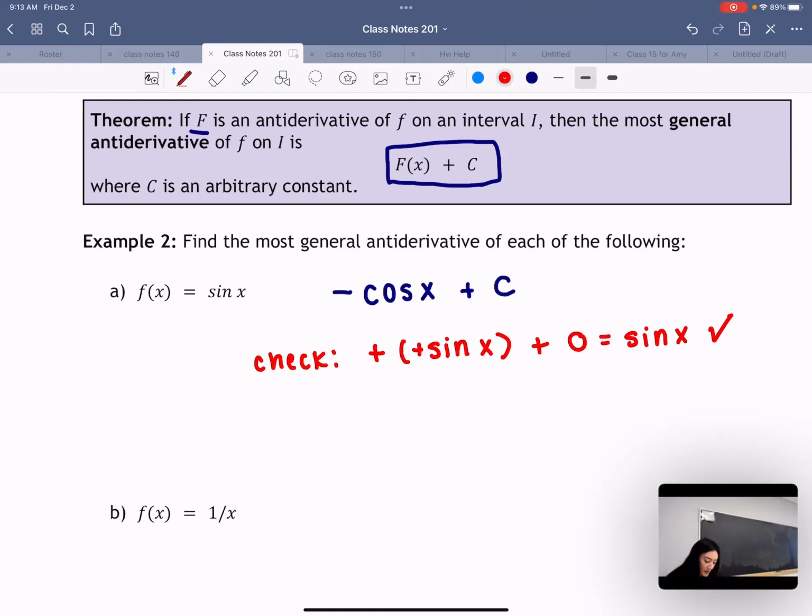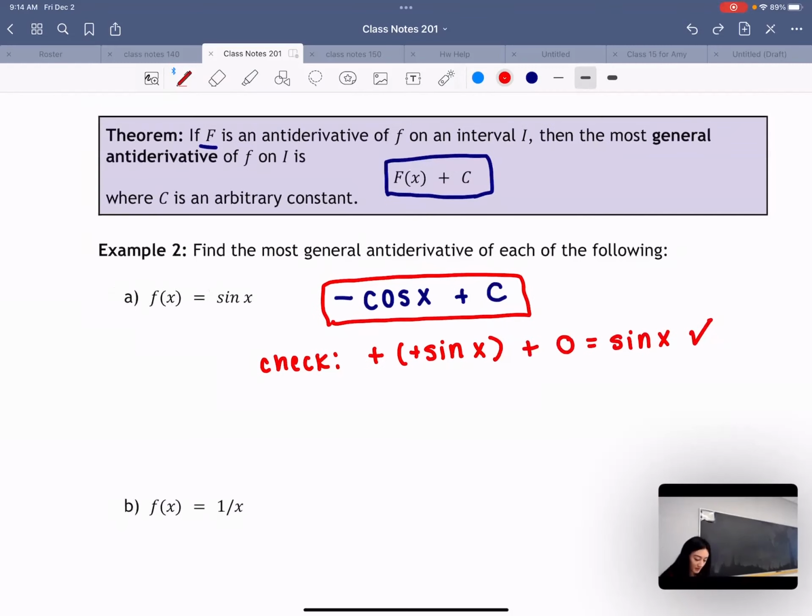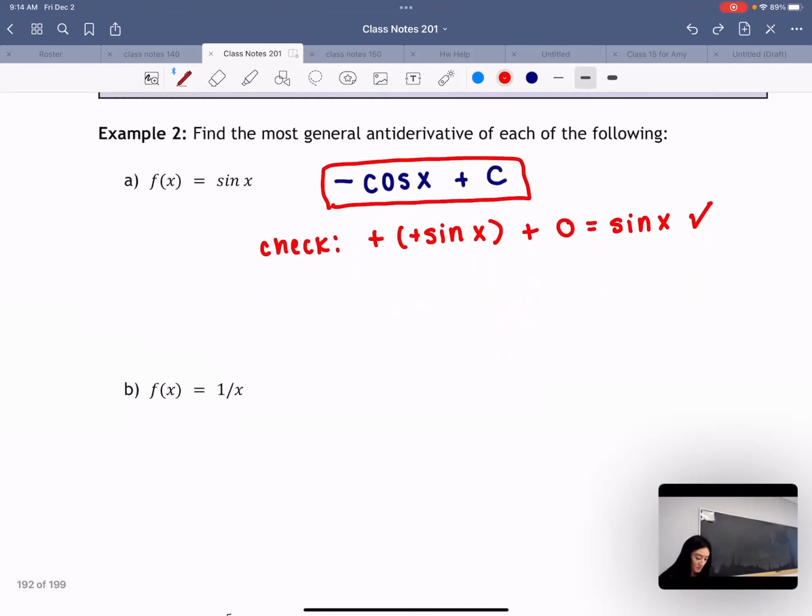Now it is very important that we put the plus c there, because if we don't, then we actually miss a bunch of functions whose derivative is sine. So make sure we always tack on that plus c. All right. Any questions on part A? Let's move on to part B.